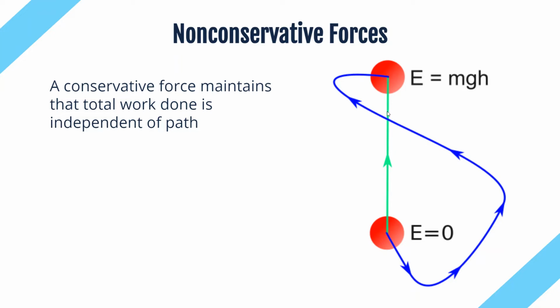However, friction is not the same. For example, if I want to move 1 meter to my right, but I first move 1 meter to the left and then 2 meters to my right, I travel more distance, and this causes more energy to be wasted, essentially. That's why friction is a non-conservative force. It's only conservative when the path does not matter, similarly to how we talked about displacement earlier.